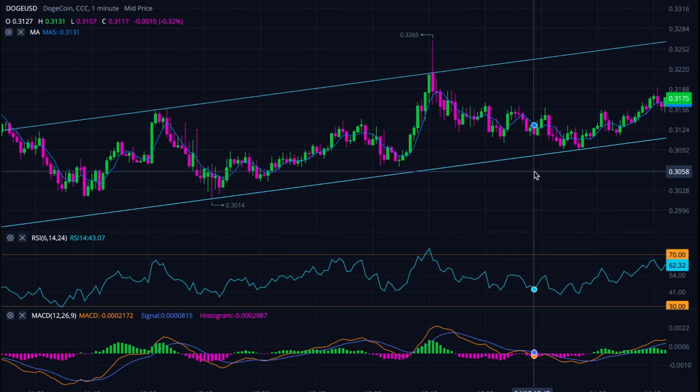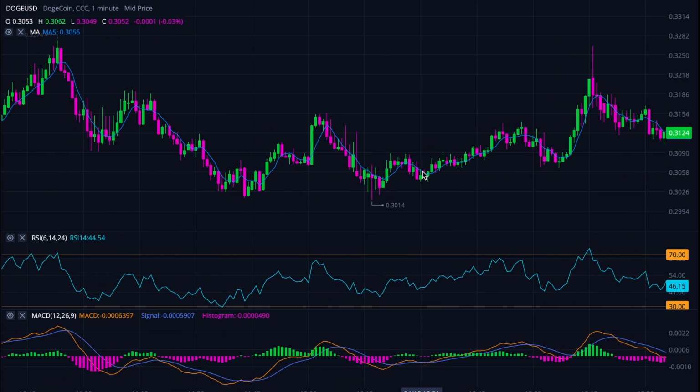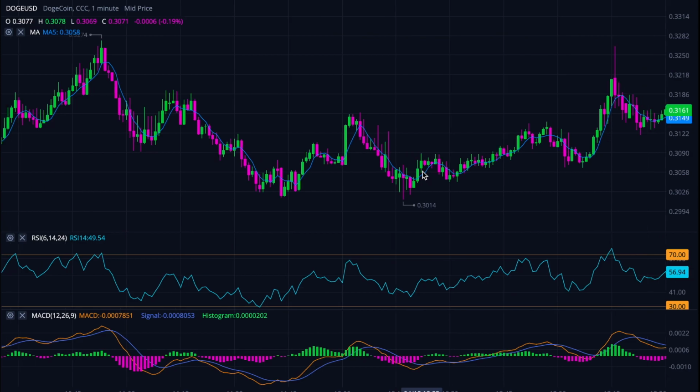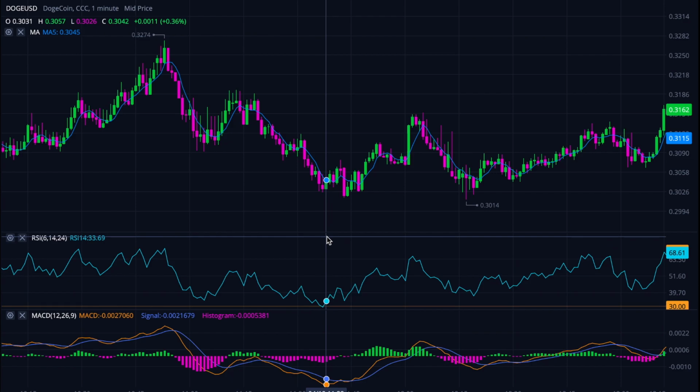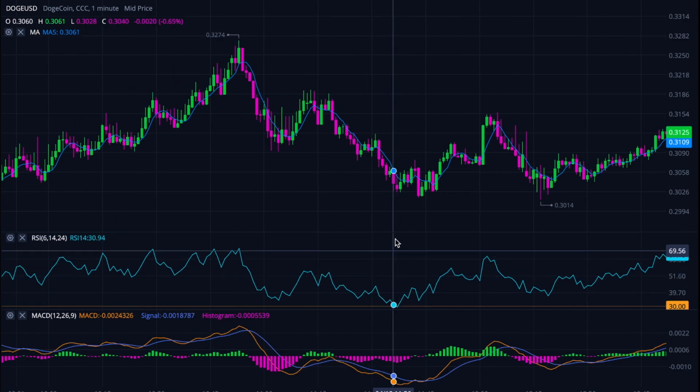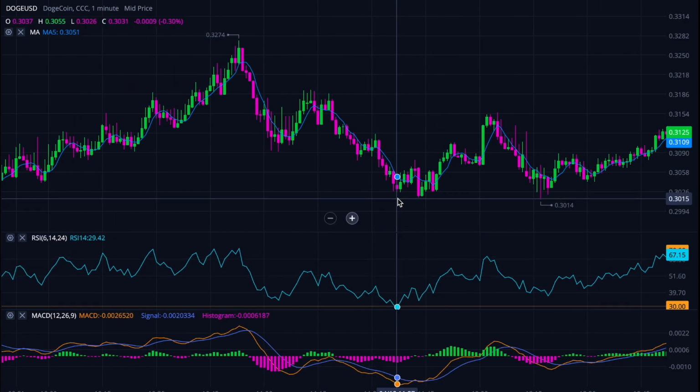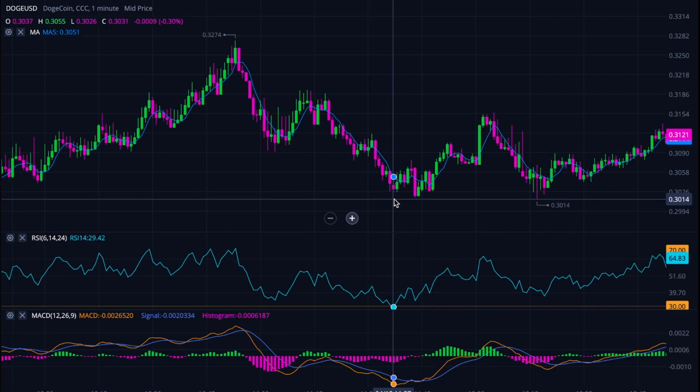What I would mostly look for, let me just get rid of the channel so that it doesn't clog up our view here. If we look at the RSI down here, my most consistent play has been to buy in when the RSI is under 30. So right here it was at 29, and that to me would have signaled a buy.